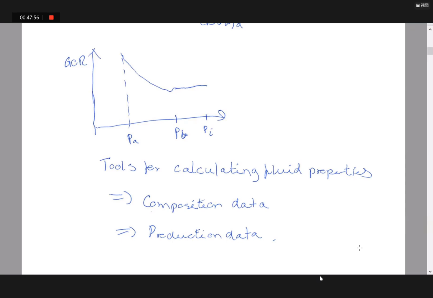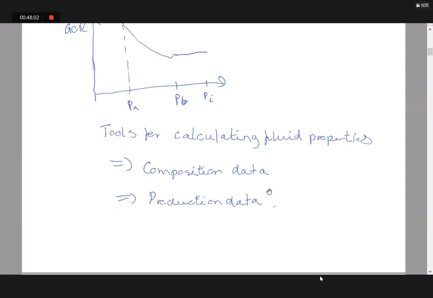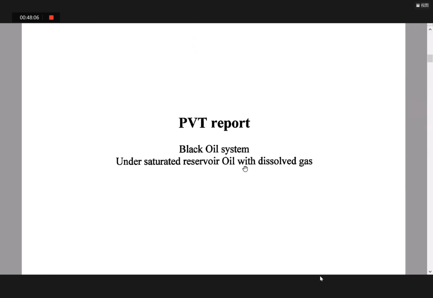Okay, we'll probably touch a little bit into it. So PVT, black oil system. We have an undersaturated oil reservoir, and most sandstone reservoirs in the North Sea are undersaturated reservoirs. There has been a subsidence of the reservoirs over geological time.